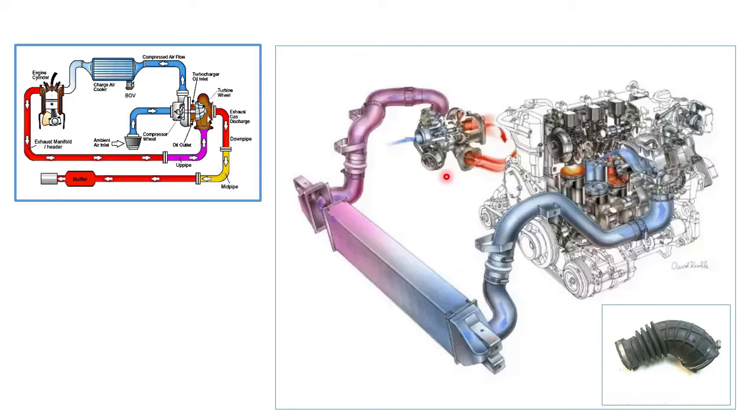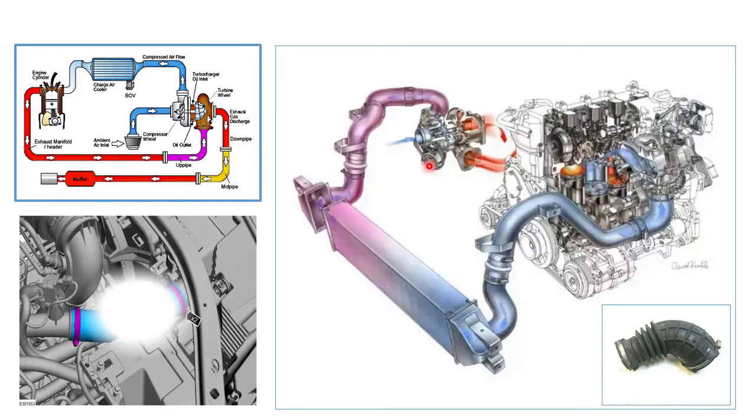Then only air will pass freely without much restriction. Too many bends and too many sharp bends cause restriction in the airflow, leading to insufficient air passing to the engine and also creating a kind of back pressure on the turbocharger.